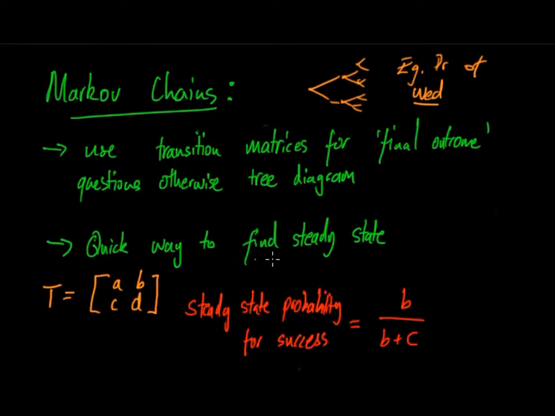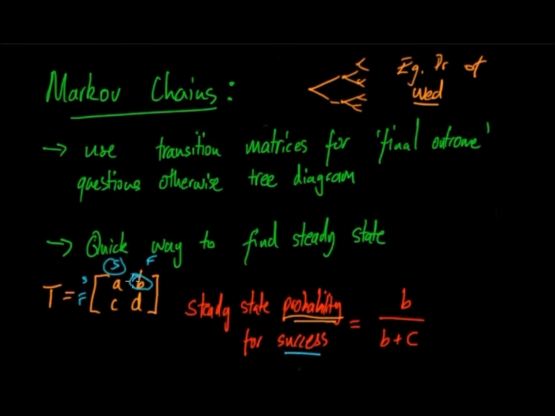So if you want to find the steady state for the probability for success, and this is probability, not expected number, then you can set up the transition matrix here. Then with success, failure, success, failure, and whatever you let success be, that refers to that number there.